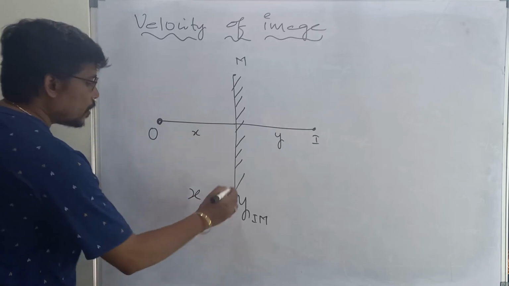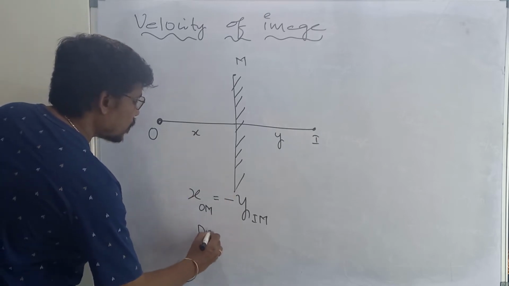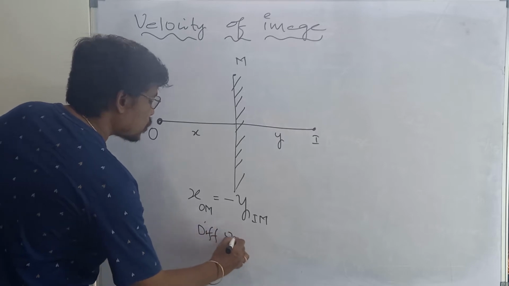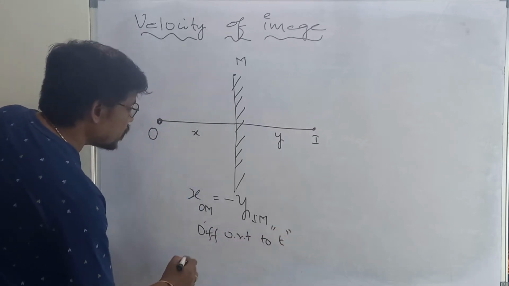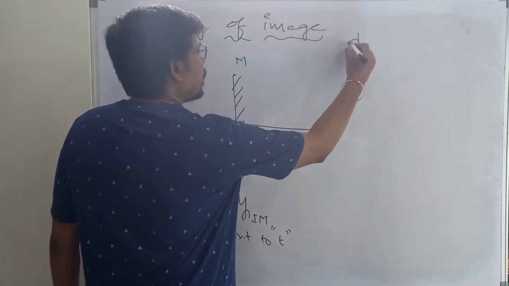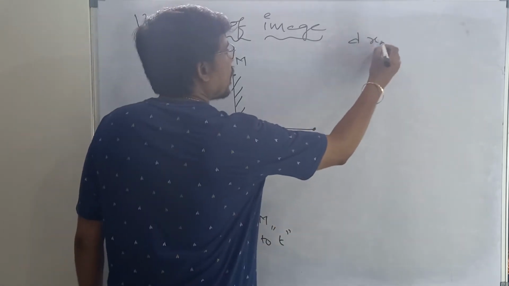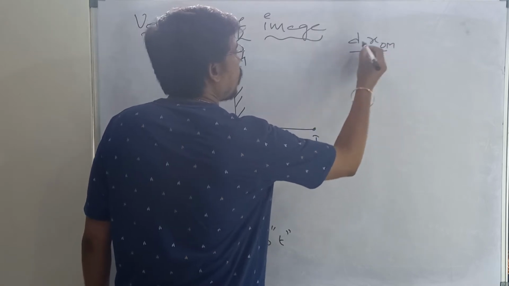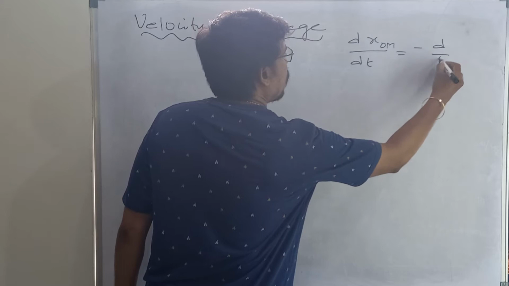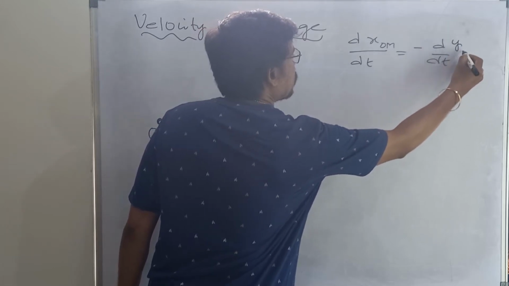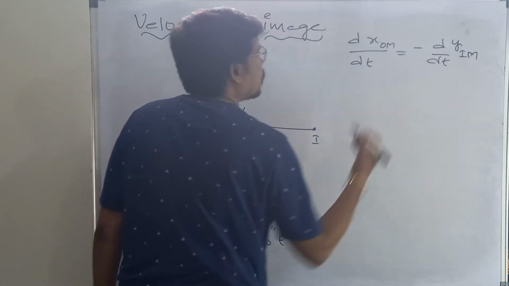So here if you differentiate this equation with respect to t, the derivative of the object distance with respect to the mirror is equal to minus the image distance with respect to the mirror.